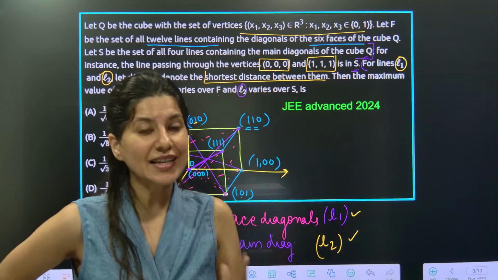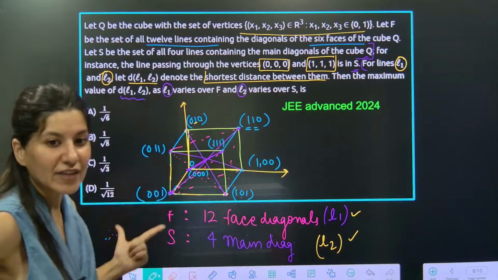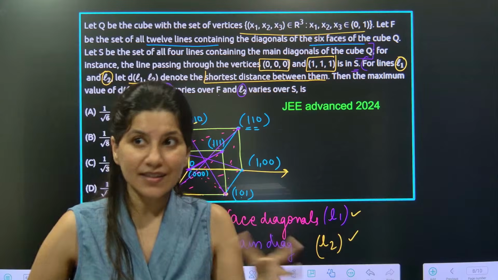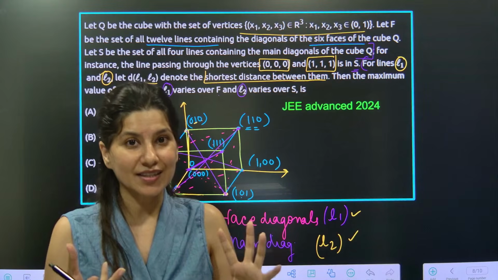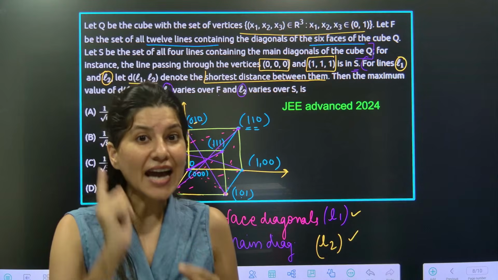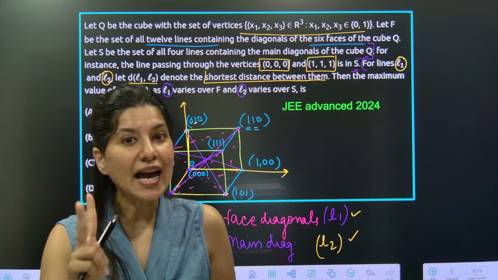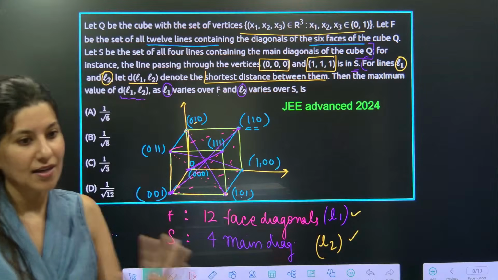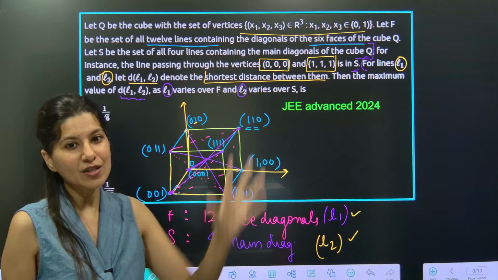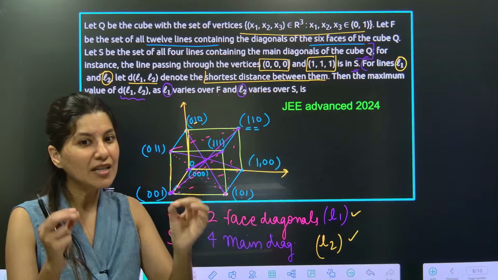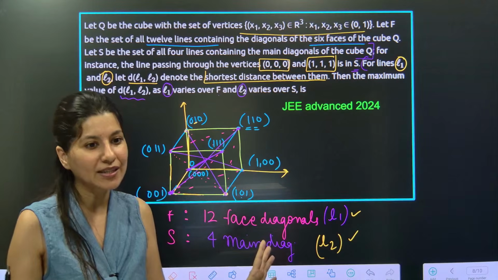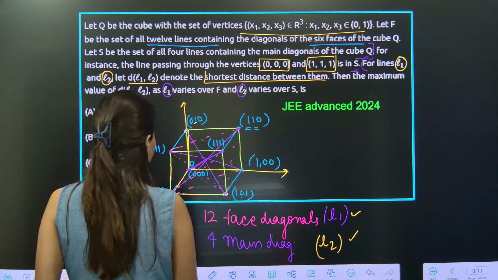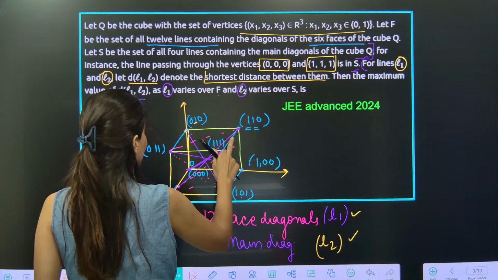The twist is to pick that main diagonal and that face diagonal which will give you the maximum shortest distance. Are you understanding the question? If you are able to understand the question, now the question will be absolutely easy. So now we are going to recreate something.